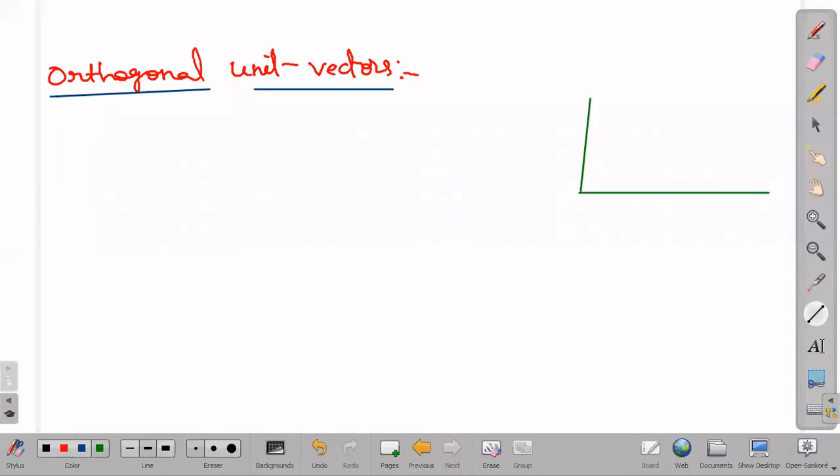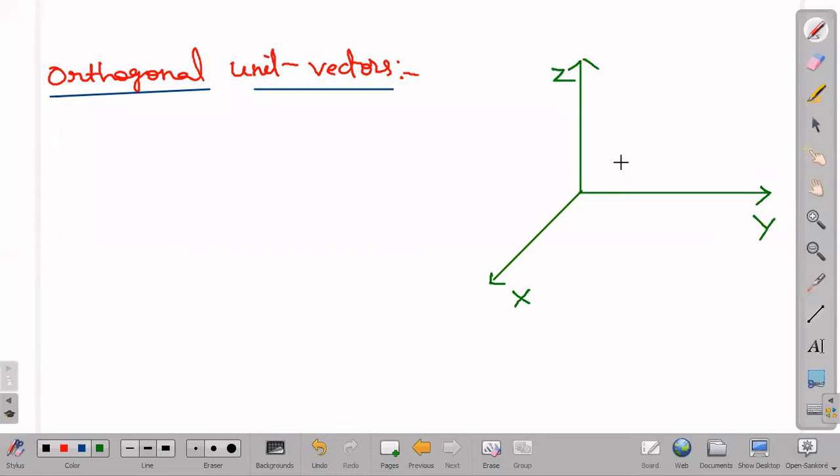Already we had a small discussion on this, and I'm continuing with the same. So I'm taking three coordinate axes over here. This is x-axis, y-axis, and this I'm considering as z-axis.